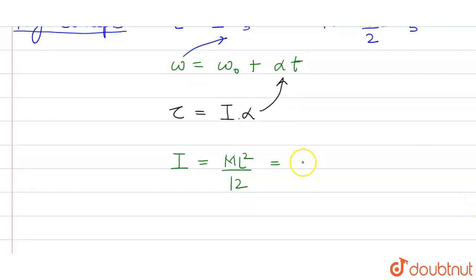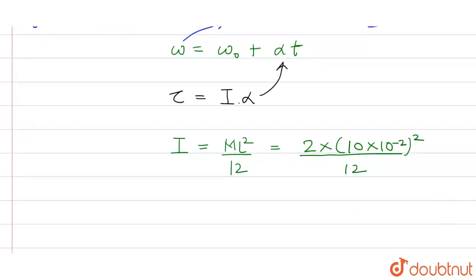So it is 2 times (10 times 10 to the power minus 2) squared divided by 12. From here we will get moment of inertia as 1 by 60 kg meter square. Let's call this equation number 1.